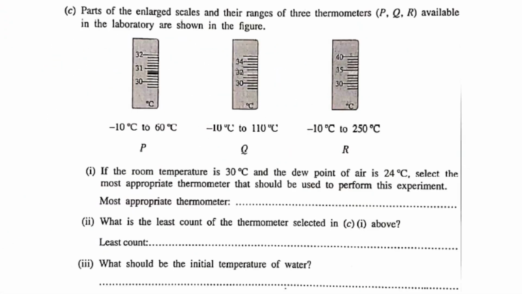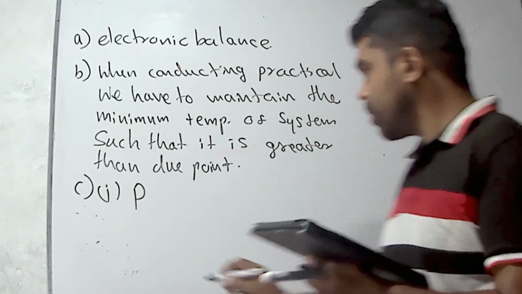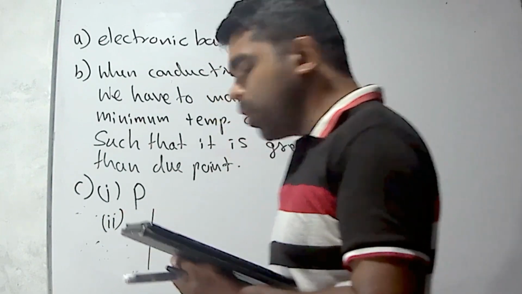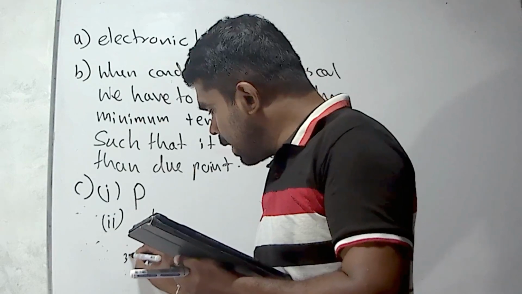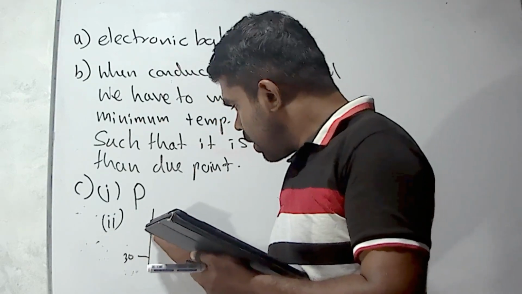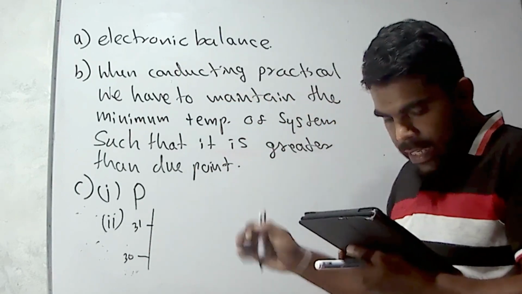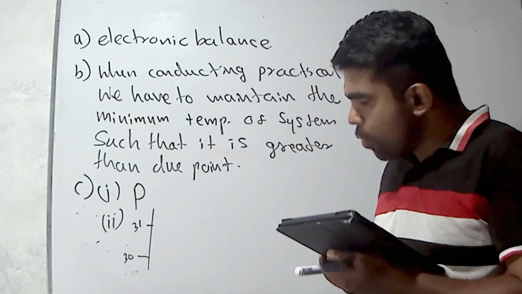What is the least count of the thermometer selected in part C1 above? We can use the given scale to find the least count. They have marked 30, 31. Between 30 and 31 degrees, there are 5 parts.